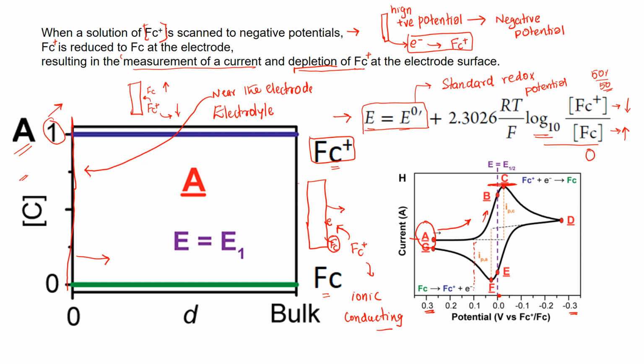So Fc is 0 here. Okay, this is the starting point of our CV curve. So there is no Fc, and there is only Fc plus present. That is why the concentration is 1.